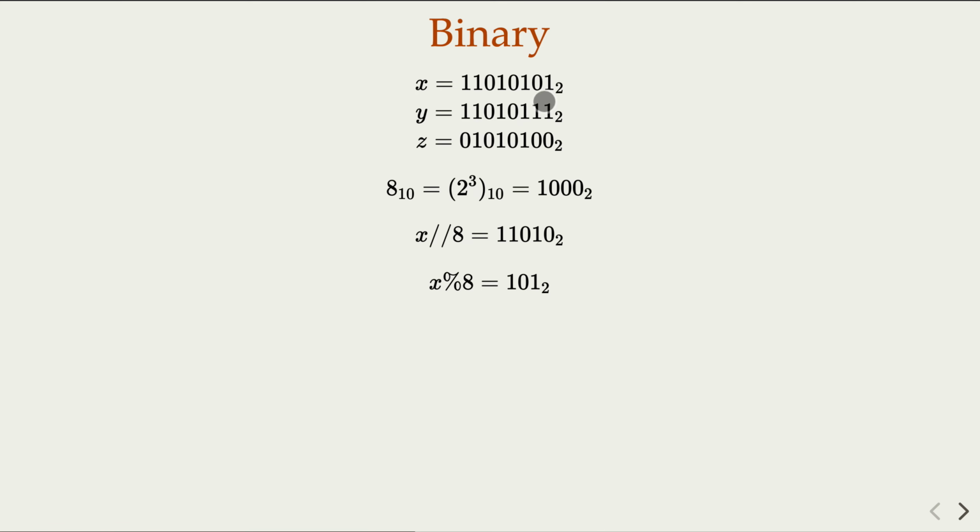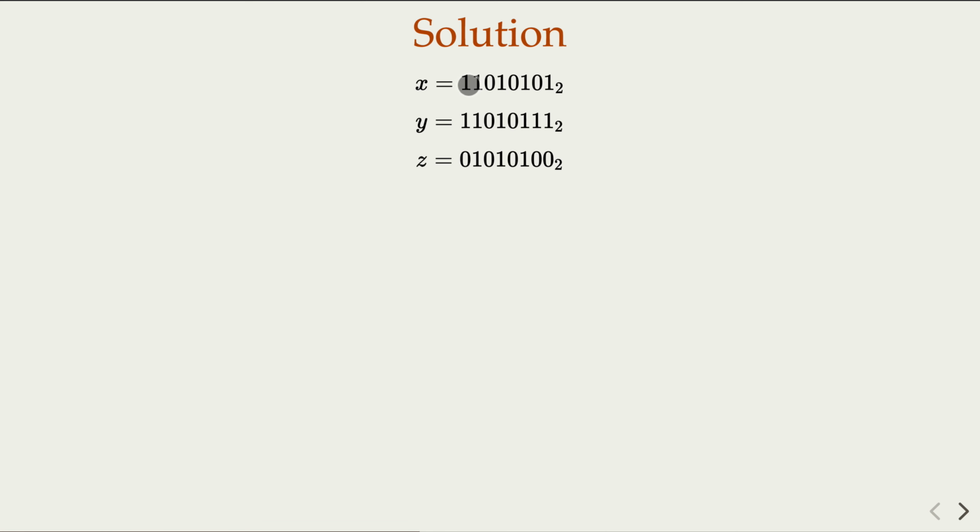In this case, we can just take the last 3 digits for the x, y, z, okay? So for x, y, z, we look at the last 3 digits, which is the remainder mod 8, right? And then we put them together, mod 8. And this, again in binary, is equal to 1, this is 5, this is 7, this is 4.